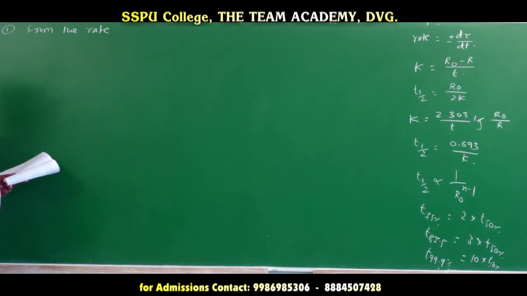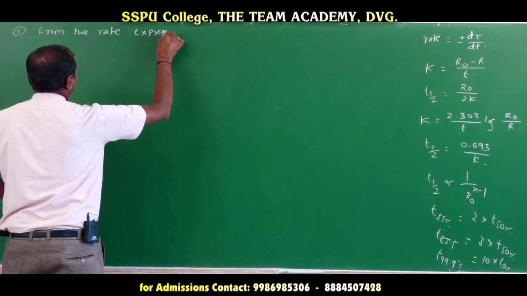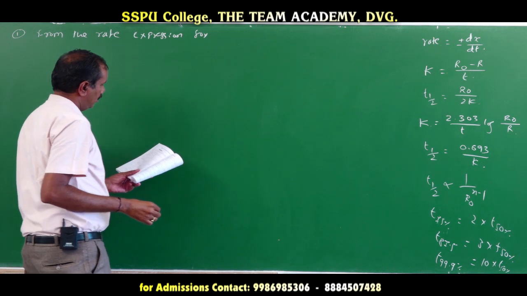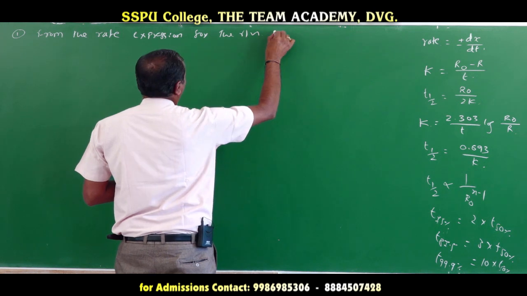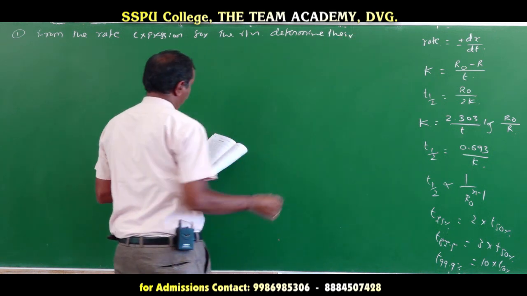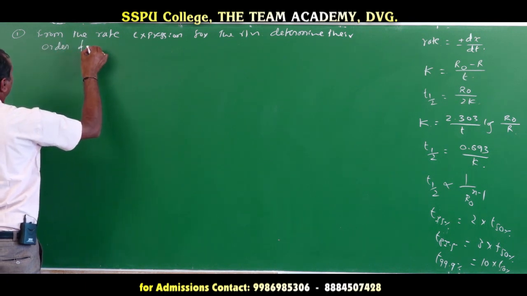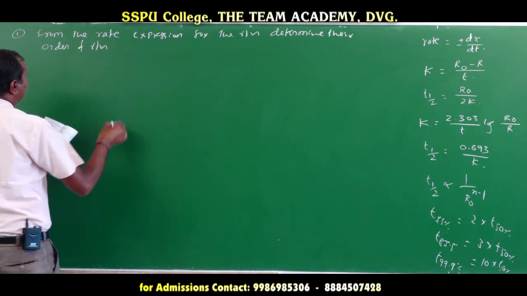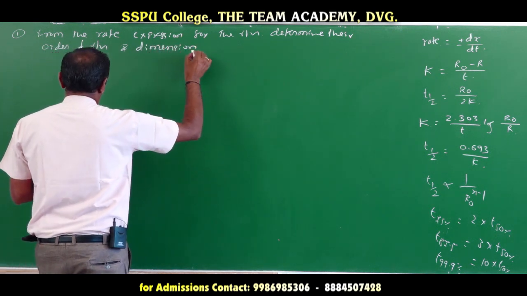Exercise problems: from the rate expression for the reaction, determine their order of reaction and dimension of the rate constant.